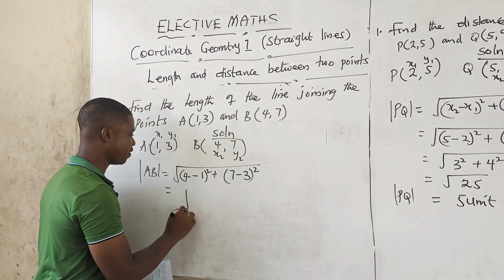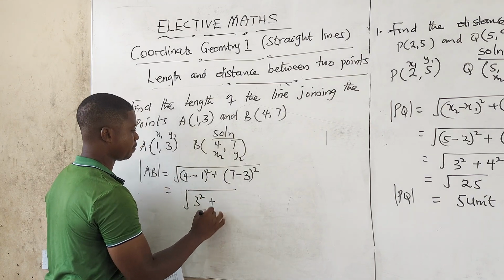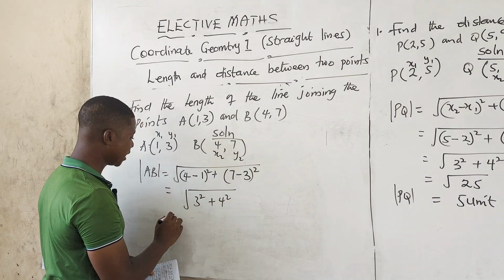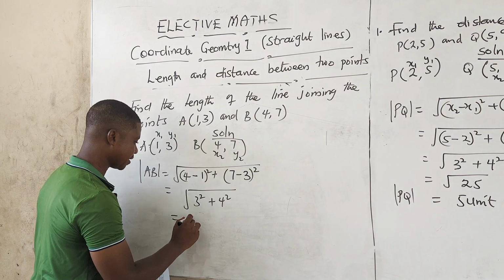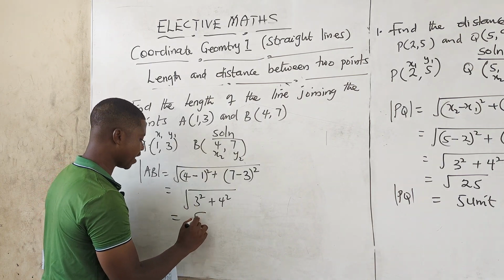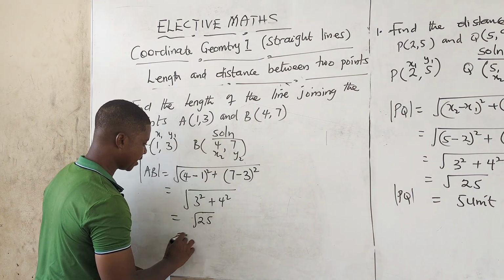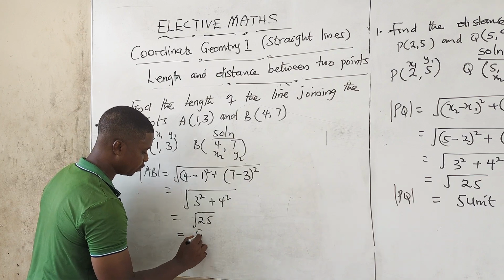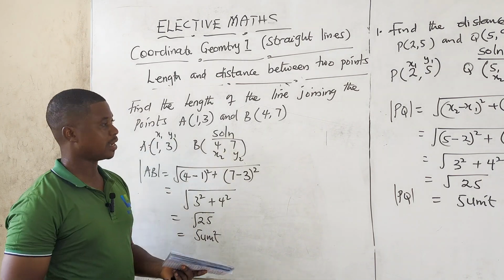So with this we have 3 squared plus 4 squared. Coincidentally, we are getting the same answer, because we have the square root of 9 plus 16, which is root 25, and the answer is 5 units.